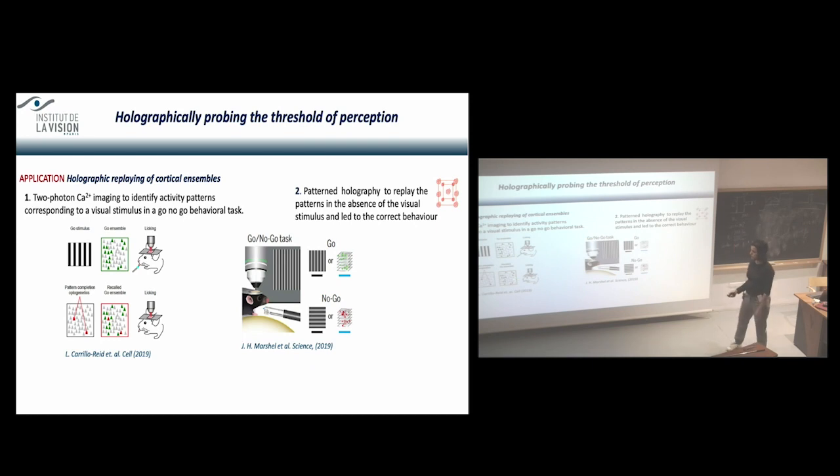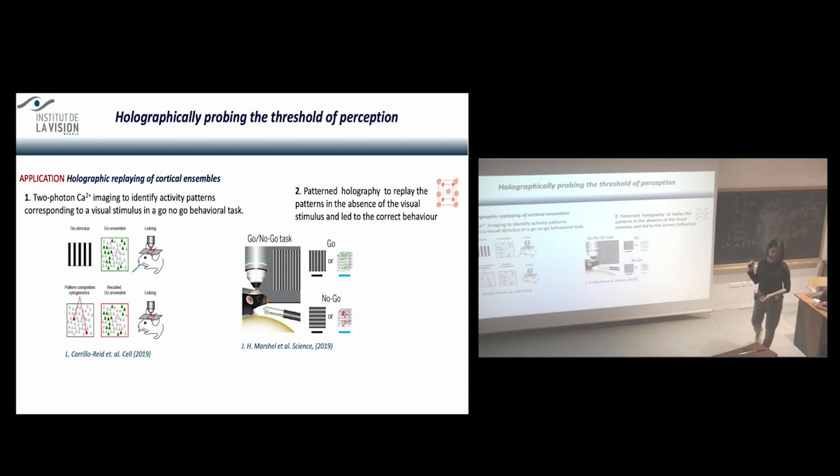So it was possible to have the right response by re-illuminating the cells that were active in response to a certain grid. Interestingly, in this paper they show that once you have found your assembly, you don't even have to activate all of them. It's enough to activate, in this case, two of them. Because this assembly is formed, two of them are enough to reactivate the entire assembly, and the mouse has the right perception.